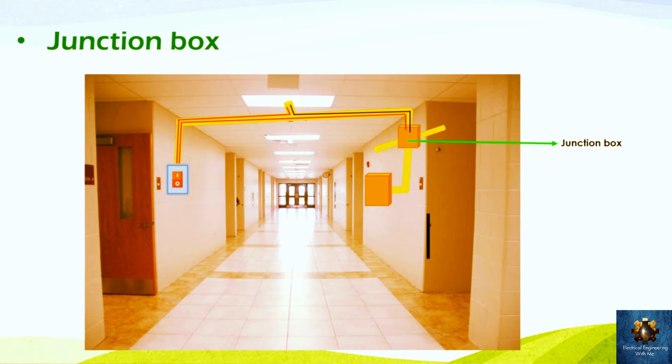And the electrical wires are passing through this conduit. Hence, it has an input conduit like that one, which has the input wires passing through it. And it has some output conduits like those ones through which the electrical wires are going out of the box. And all of this system lays inside the wall, or it's hidden inside the wall in case of a concrete building like that case here.